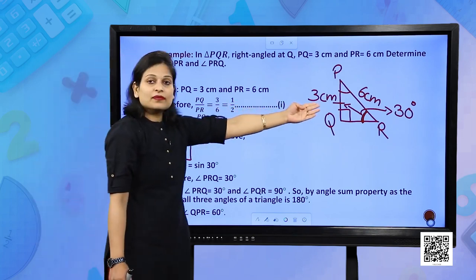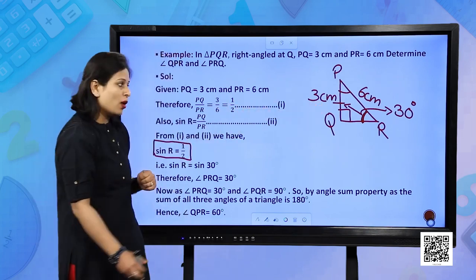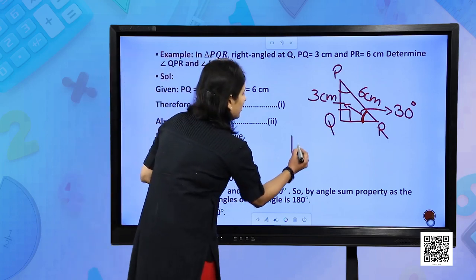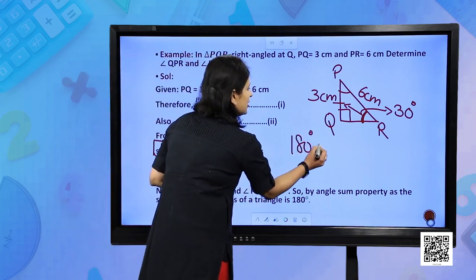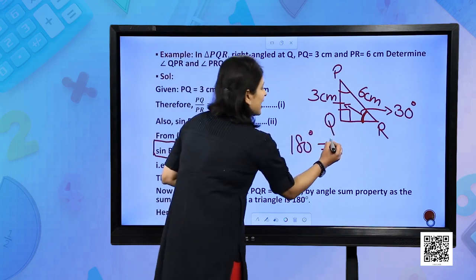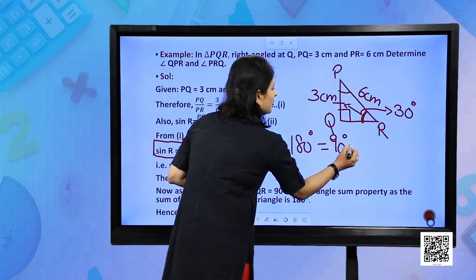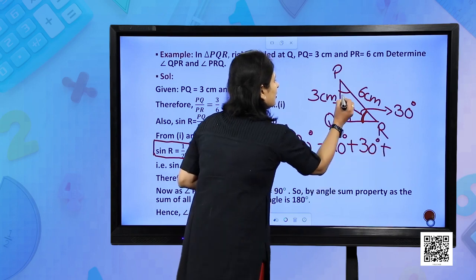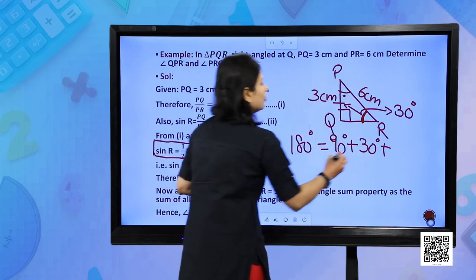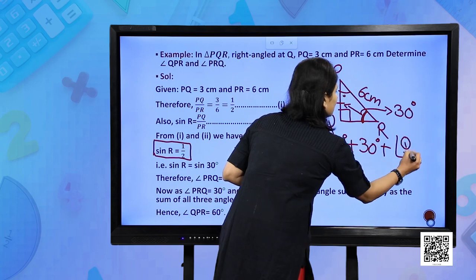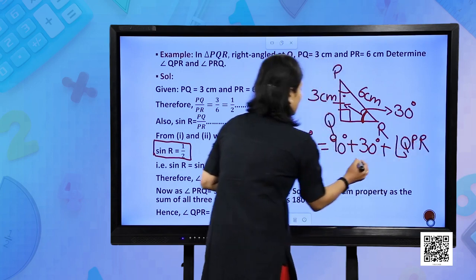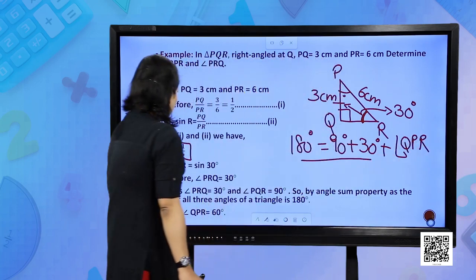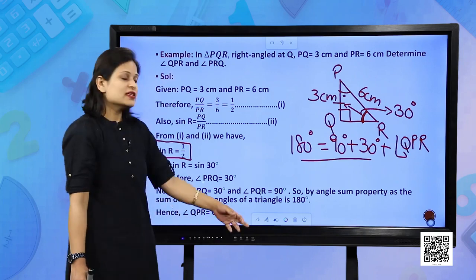It will be 60 degree. How? Just see, 180 degree is equal to 90 plus 30 plus this angle, angle QPR. Just solve it, you will get angle QPR as 60 degree.